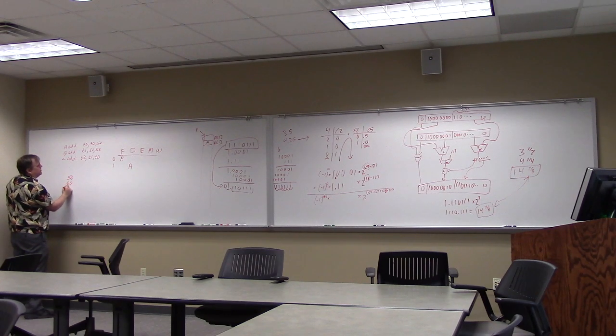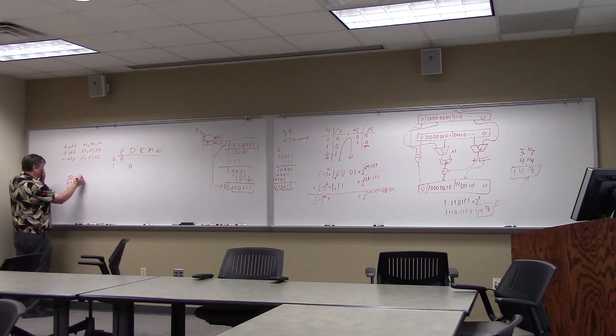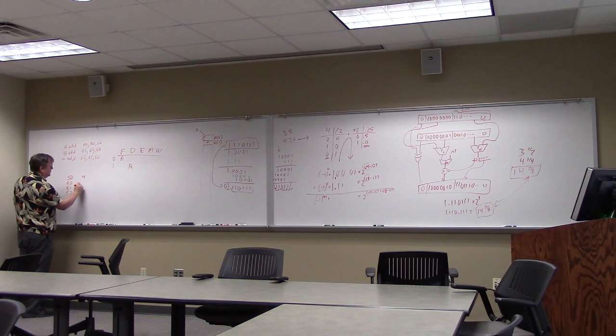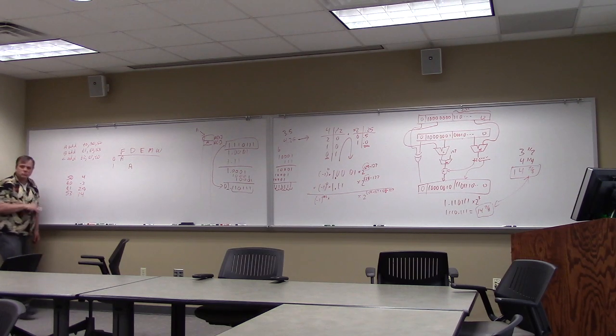Let's say we're going to use T0, T1, S3. So let's say this was 4, and who cares, this is -3, and this is 29, and S3 is 14. Fine, just pick some numbers.